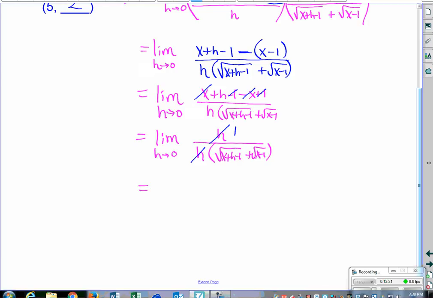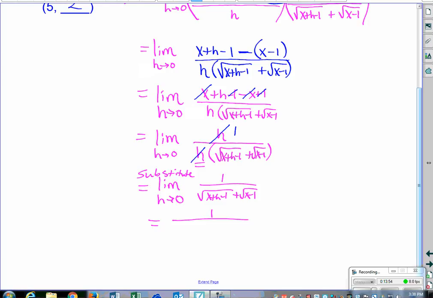And now that I no longer have an h in my denominator, I can substitute a 0 in, right? I'm left with this. Wouldn't necessarily have to write this step again. But I'm going to substitute in 0.